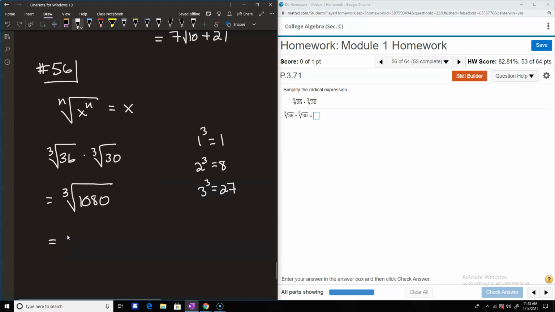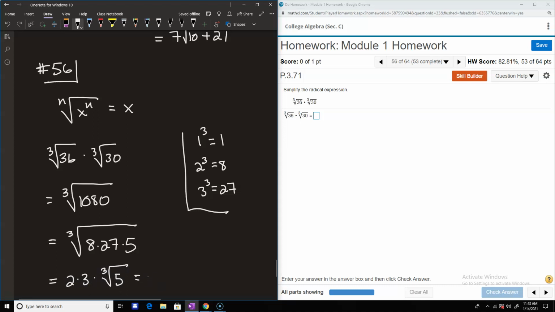If you check that, what we actually have here is 8 times 27 times 5. And we know from up here 2 of those cube roots. The cube root of 8 is 2, and the cube root of 27 is 3. So this would really be 2 times 3 times the cube root of 5.